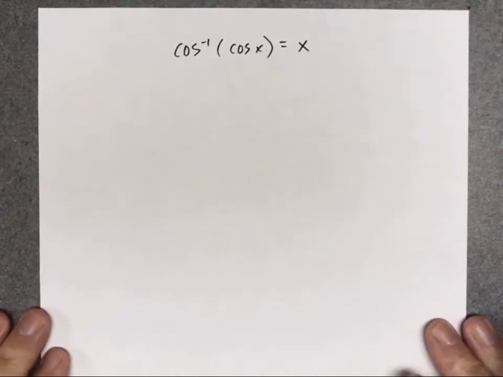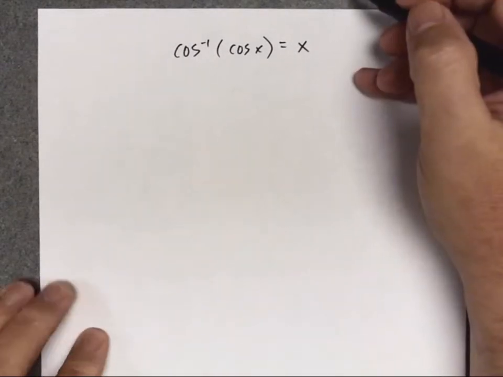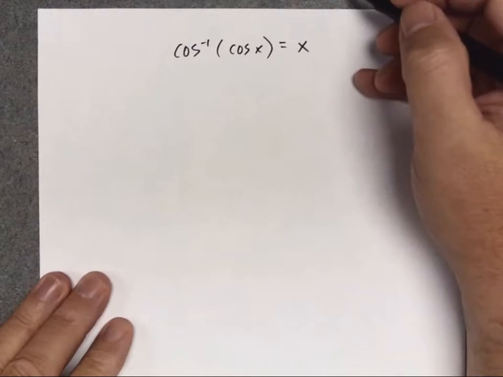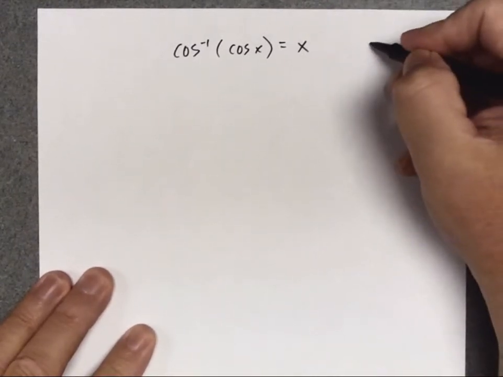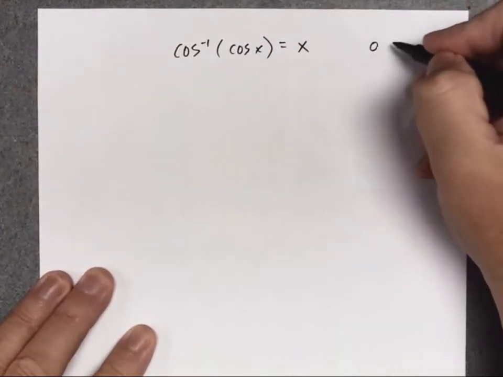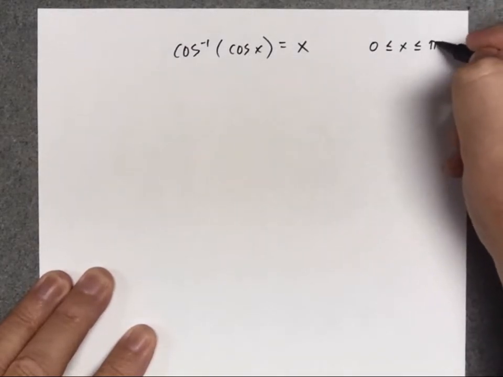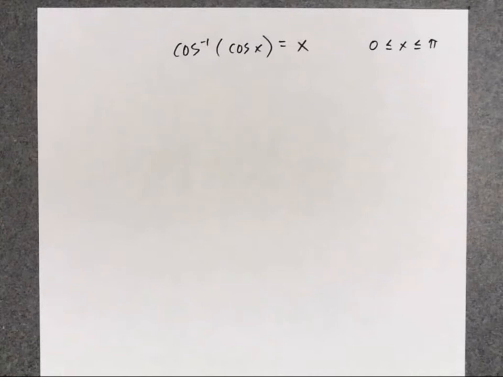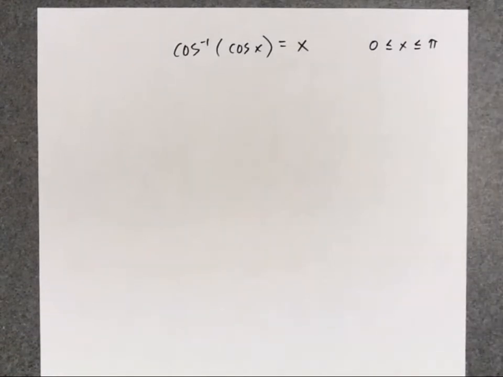Well, if you think about what happened with the inverse sine, where the restriction was the angle has to be between negative pi over 2 and pi over 2, well, common sense might say, since we're now talking about inverse cosine and cosine, this cancellation rule works, but you know what? The initial angle has to be between 0 and pi, which makes sense because this was like the same restriction when we're trying to do an inverse cosine function.